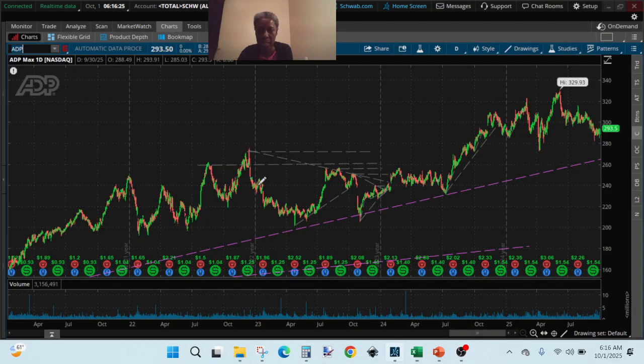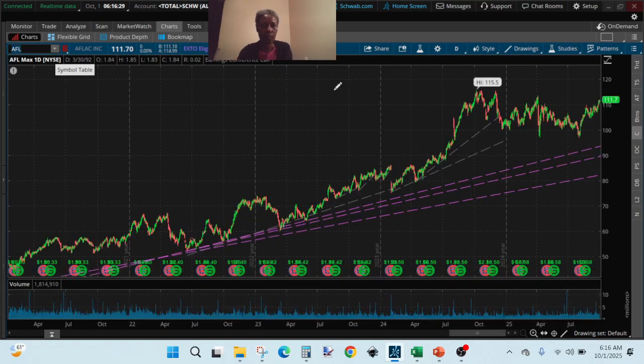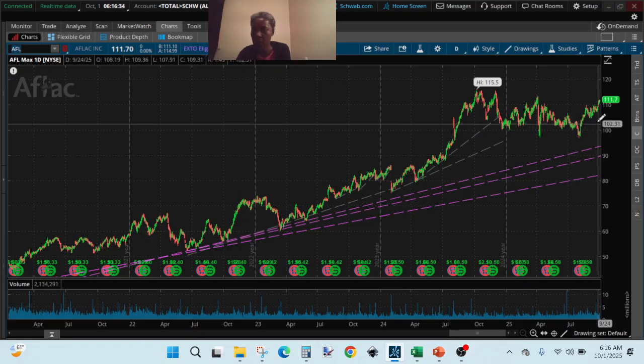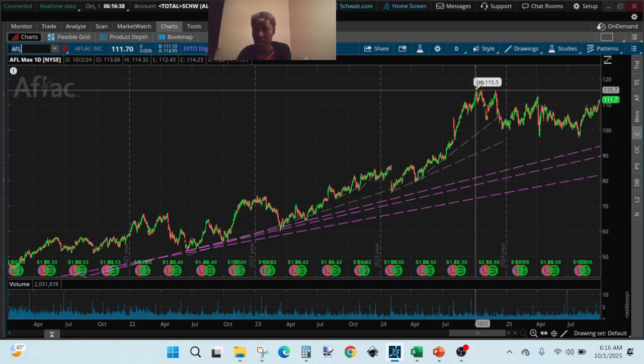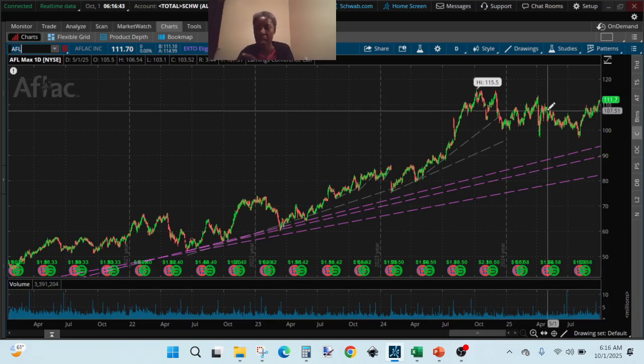AFL. So AFL, we have three lines that we like to buy at either one of those, but right now it's far from it. Yesterday the price went up. It reached a new high in 2024 and has not gone higher ever since.